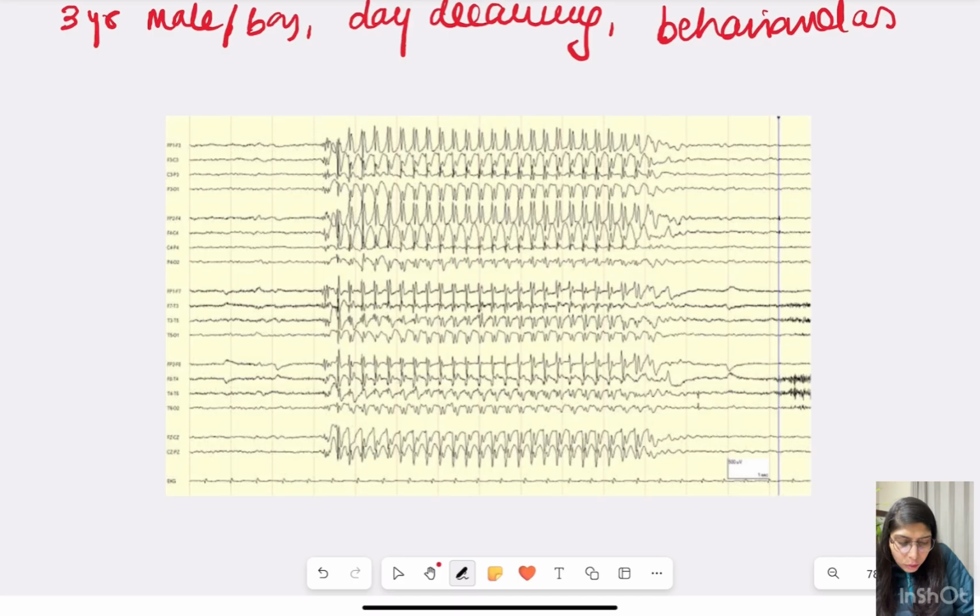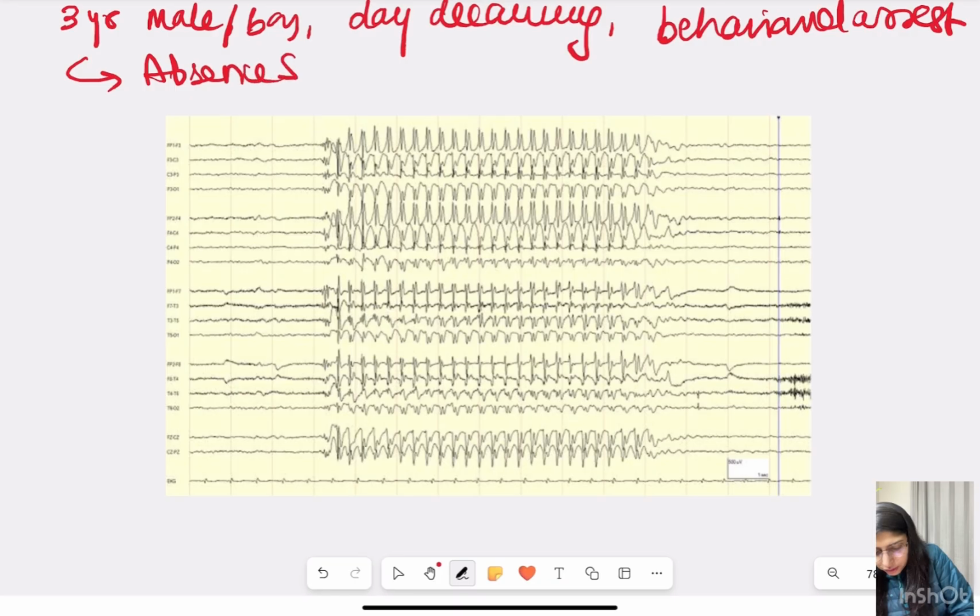So any of these words can be used in your questions. Behavioral arrest. So a child of whom the parent says that he gets lost, he seems lost in his thoughts, or he daydreams a lot. Right? So what do you think of? You think of absence seizure. You think of absence seizure.